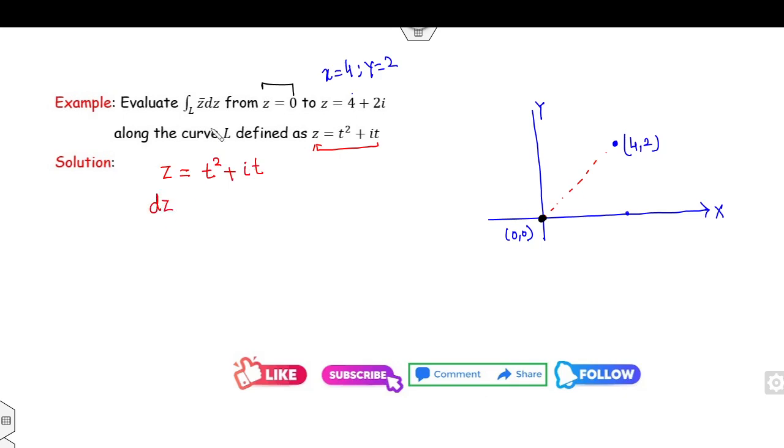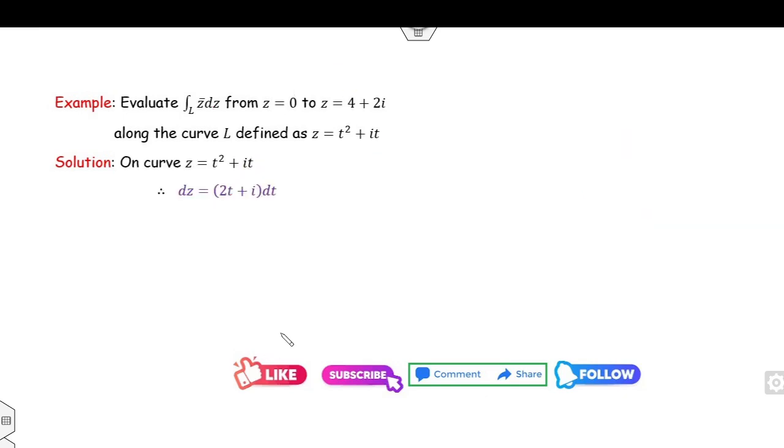Our target is to find the value of dz. It is 2t plus iota times dt. Fine. I can substitute both the values in the given equation, where z bar, the complex conjugate, is t minus iota into 2t plus iota into dt.